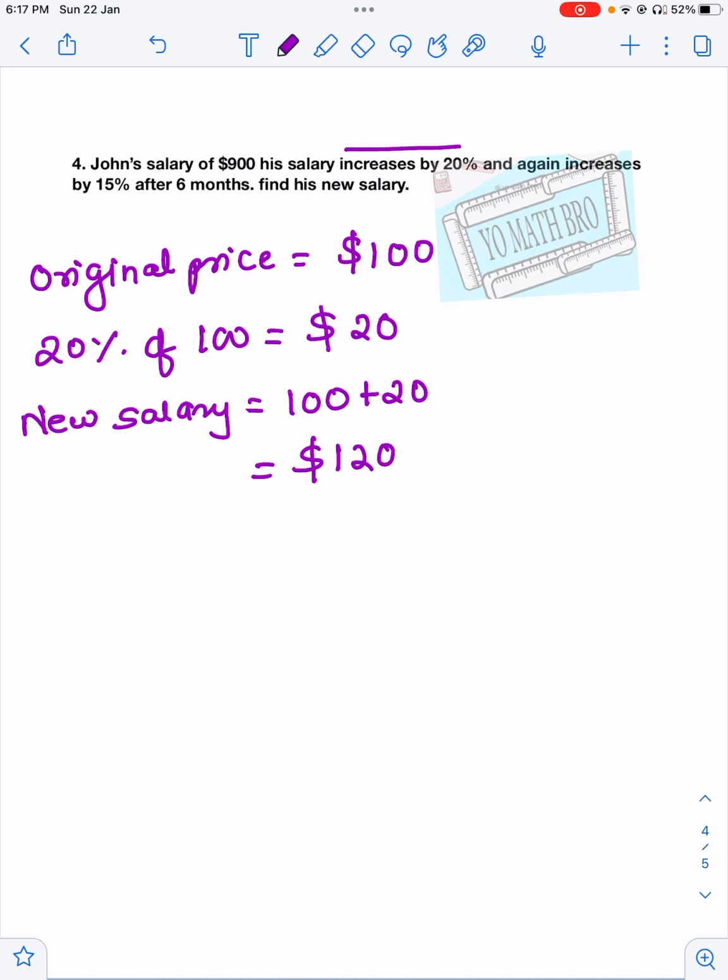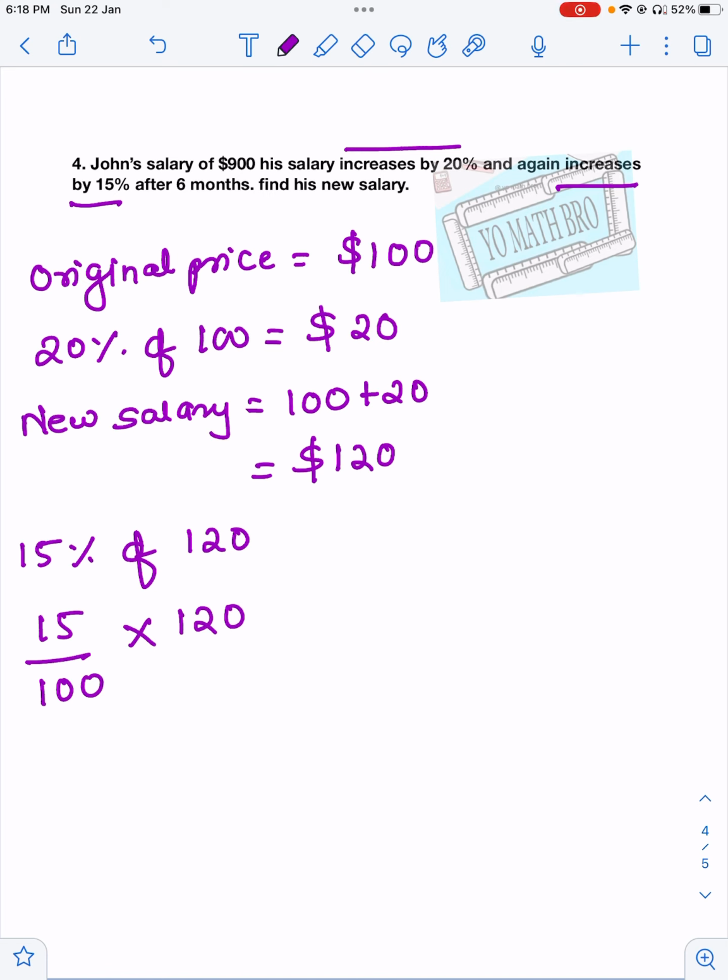Now this salary remained for 6 months. But what happened after 6 months? His salary again increased by 15%. So let me find out 15% of $120, that is 15 divided by 100 into 120. That gives me 1800 upon 100, that is equal to $18.